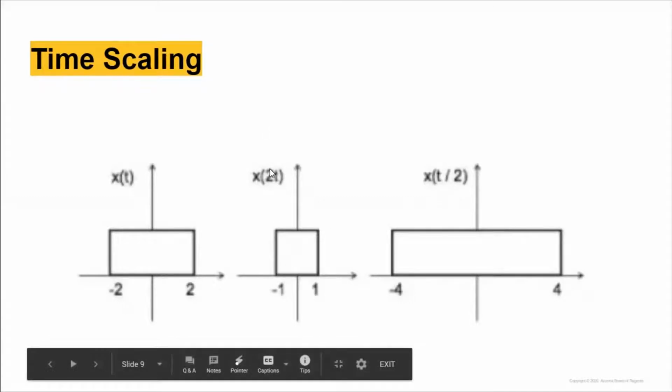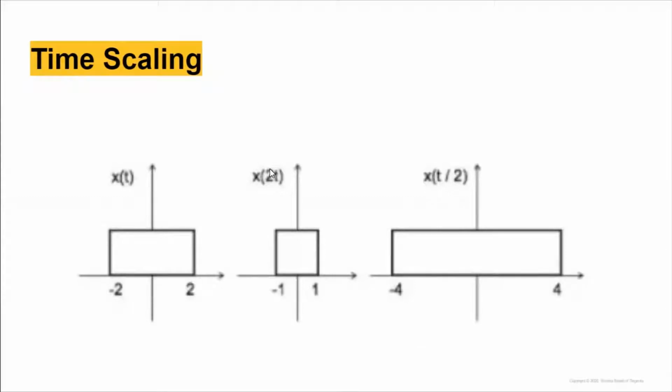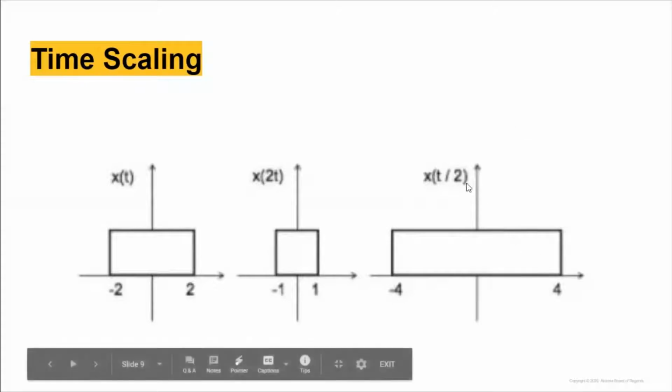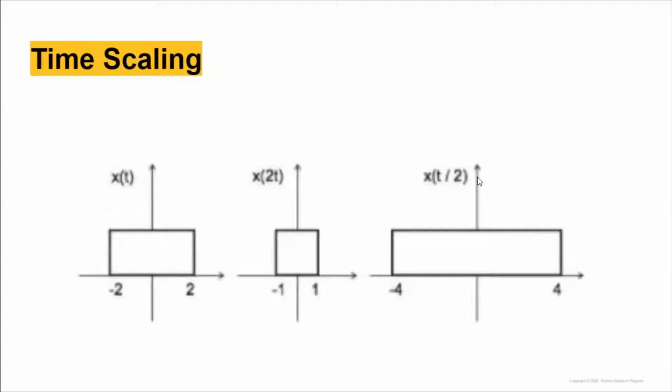Since this one's 2t, it's basically going to halve the signal. The opposite is true on the far right, where we have x of t over 2. That will stretch the signal out, basically doubling the duration of the signal.